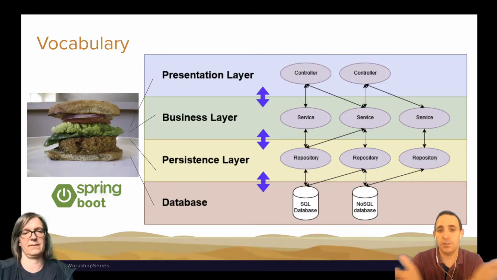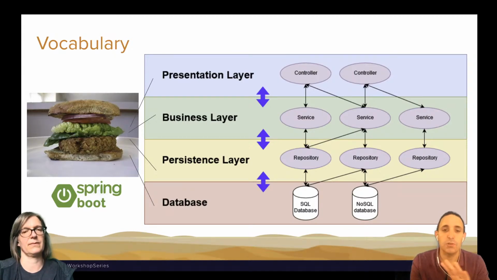This service could be called accounting service, and it will use multiple repositories to do the requests needed, aggregate, and provide you the proper functionality. So the persistent layer is also where you will find repository and DAO, for data access object.